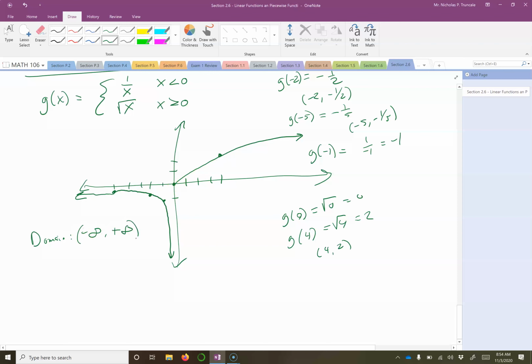Every x value results in an actual y coordinate. Range-wise, let's see. Well, we know we're going from negative infinity here. We go all the way up to 0, and 0 is a part of it, and then we go off to infinity with the square root in the y direction, so the range is the same.